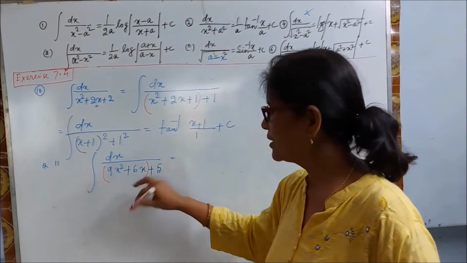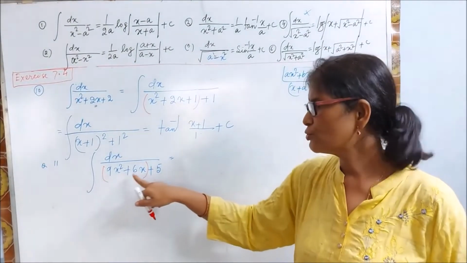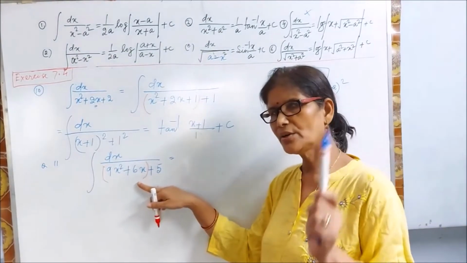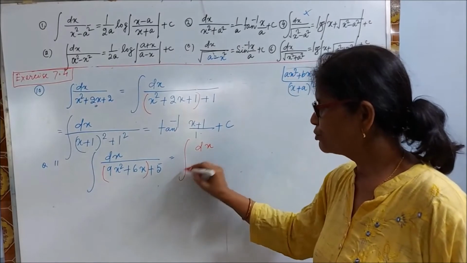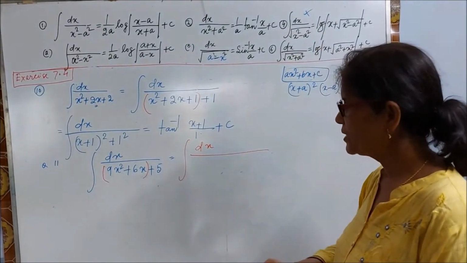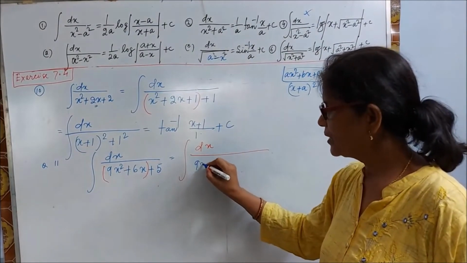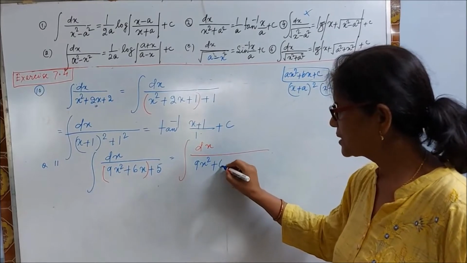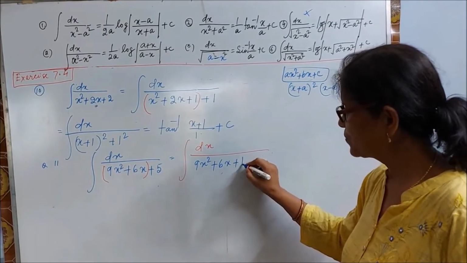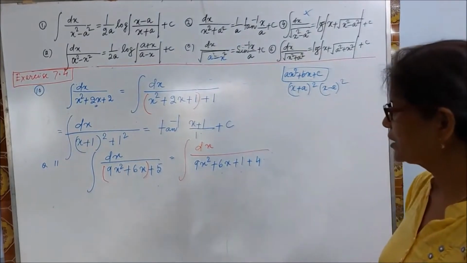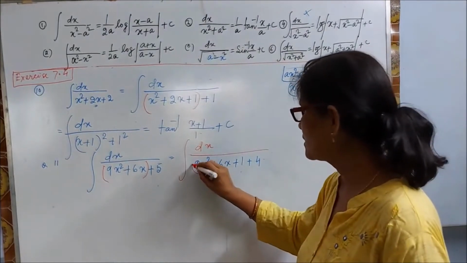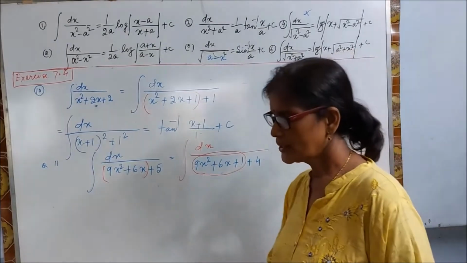It will be a square. This is 3x whole square. So 2 into 3x, I need another 1. So I'll break your 5 into 9x square plus 6x plus 1 plus 4. And this 9x square plus 6x plus 1, I'll take as a whole square.